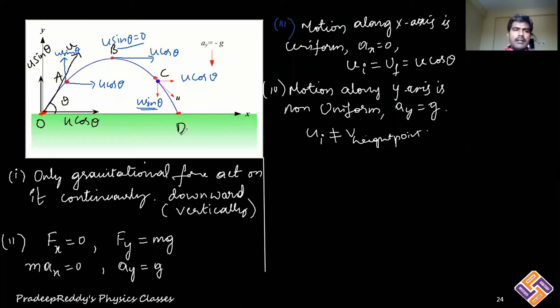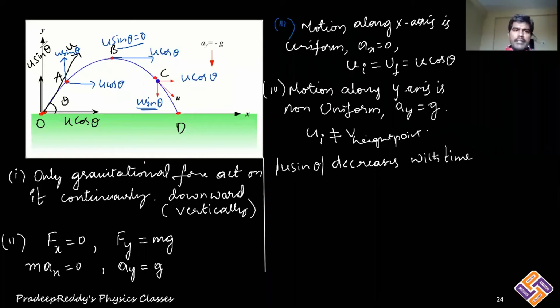What would happen there? Vertical velocity magnitude decreases with respect to time because acceleration is in downward direction, while body velocity is in upward direction. Magnitude of u sin theta decreases with time. Why is it decreasing with time?